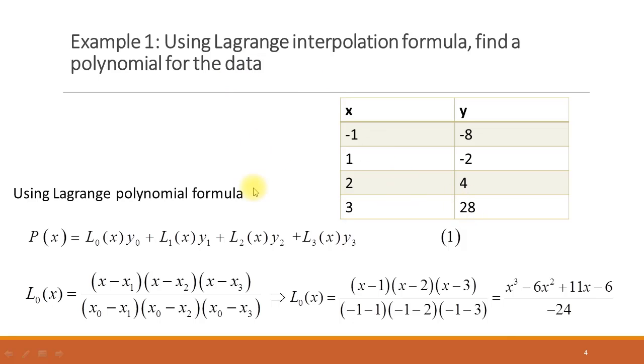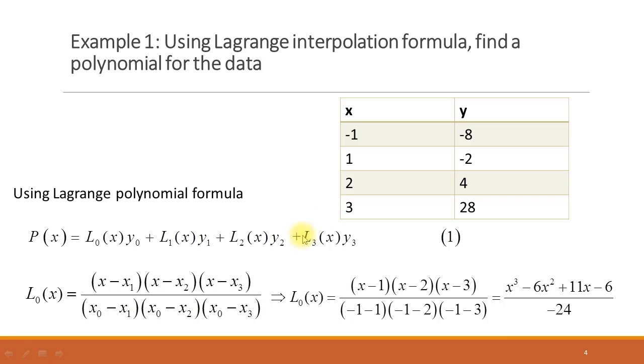So this is the Lagrange interpolation formula, and for the interpolation formula we can put any value of x in this interval from minus 1 to 3. We can put any value that lies in this interval. So for example, if we put x is equal to 1.5, 1.5 lies in this domain, so this is actually called interpolation.